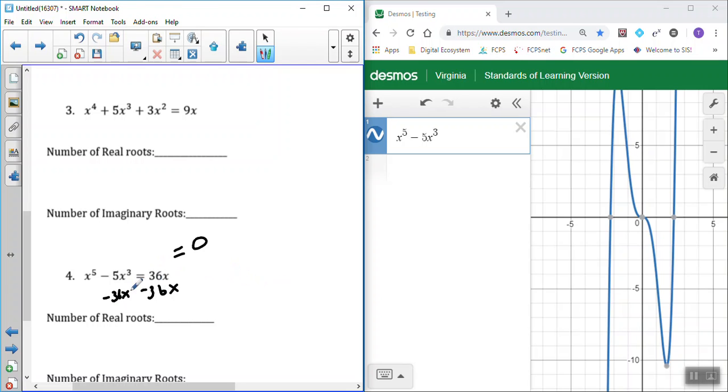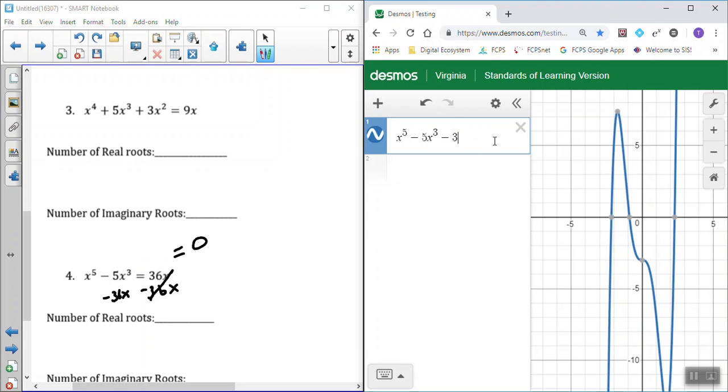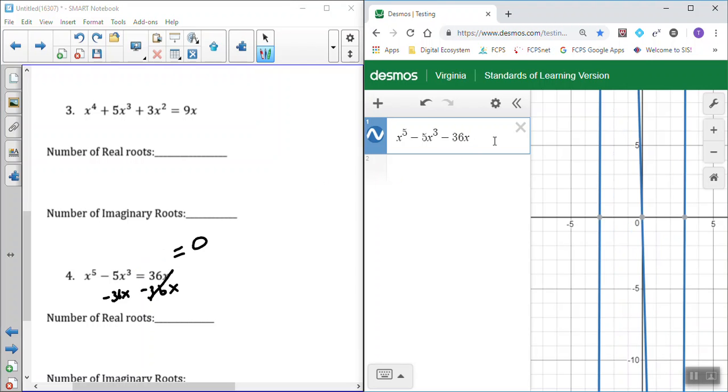So you would have 0 here equals 0 here. Then on the left side you have 5x minus 5x cubed, and then minus 36x. Here's your function. The degree of the polynomial here is 5, so it should have 5 roots.